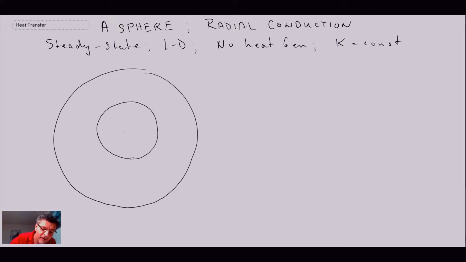So we have some hollow sphere, and we're going to say we have internal radius Ri, outer radius Ro, and we're interested in what's going on at some arbitrary radius r, and we're going to then try to solve for T at r. And temperatures, those are the boundary conditions we're going to have. Let's say that we know Ti and we know To. All right, so that's the information we have.